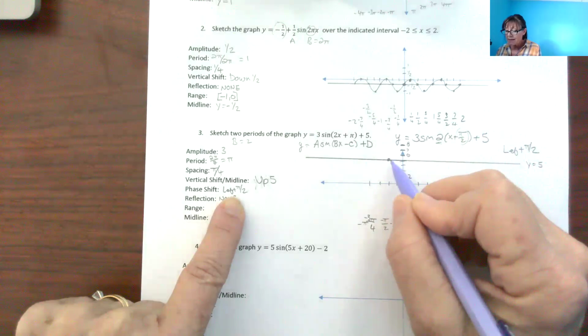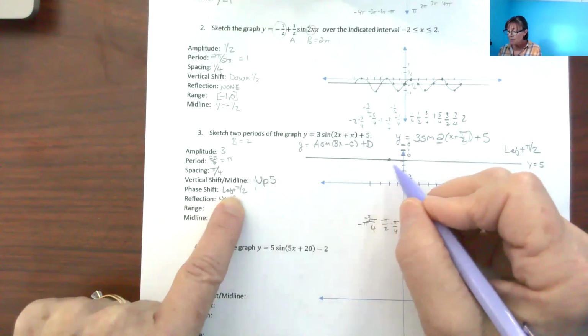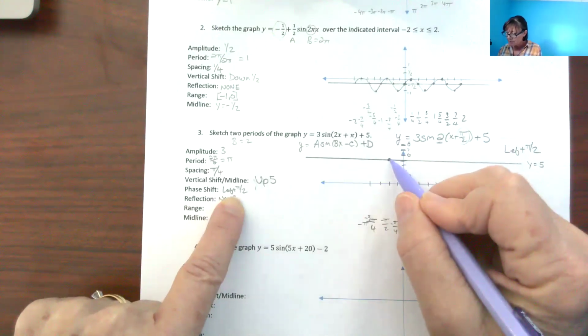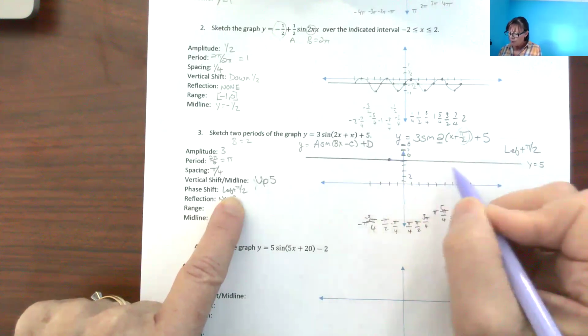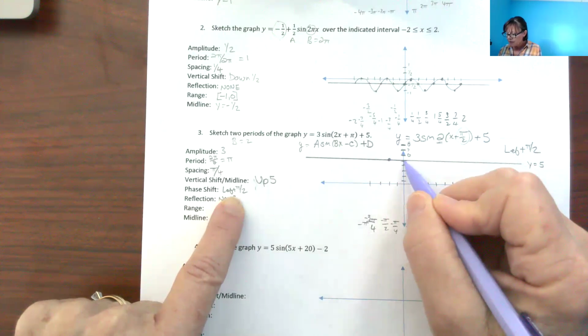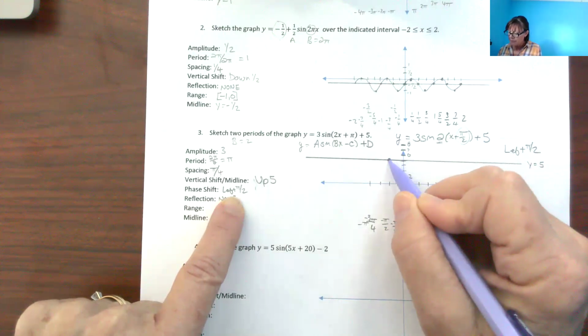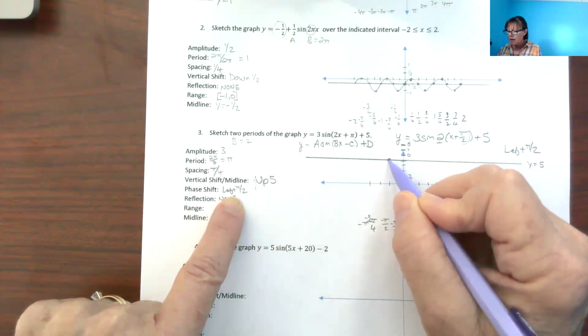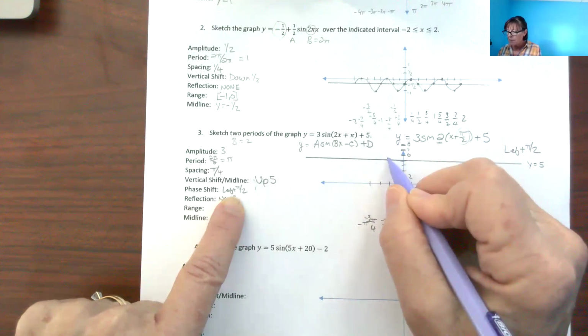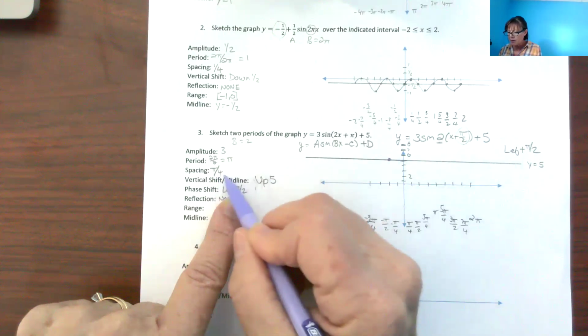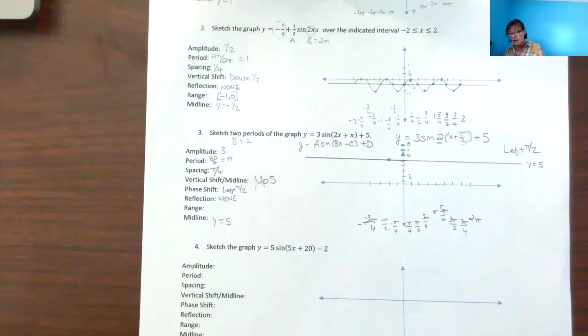All right. And then I continue my pattern. My pattern for sine is middle, high, middle, low, middle. So instead of starting at 0, my phase shift got left, pi over 2. Instead of starting at y is 0, I start at y is 5 because of the vertical shift. And my period got affected by the value of b, pi over 4, but that's handled with the x-axis.